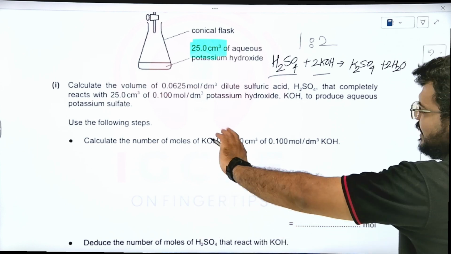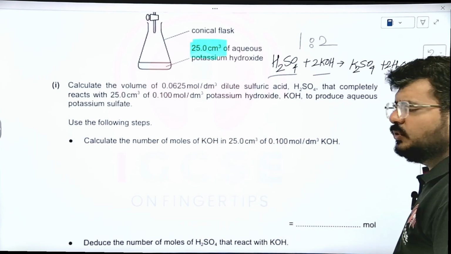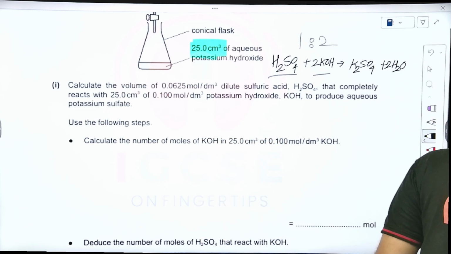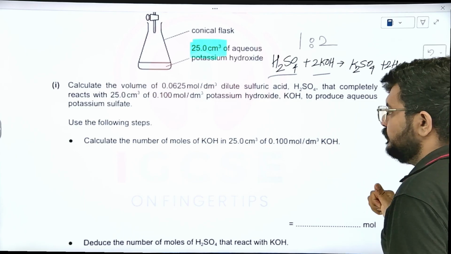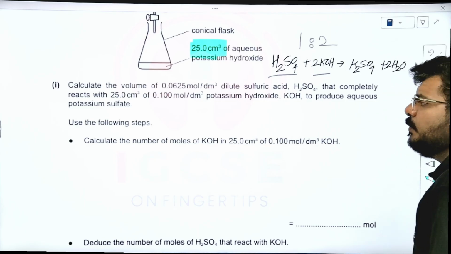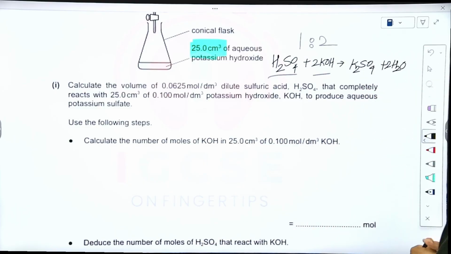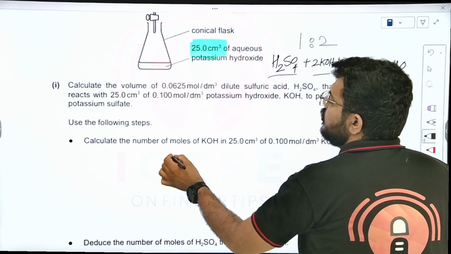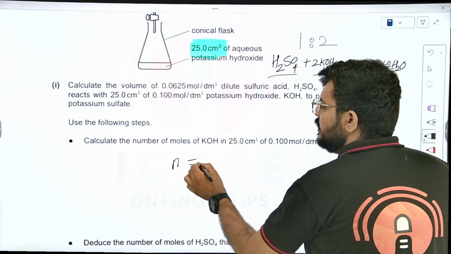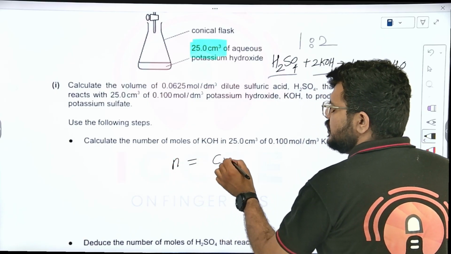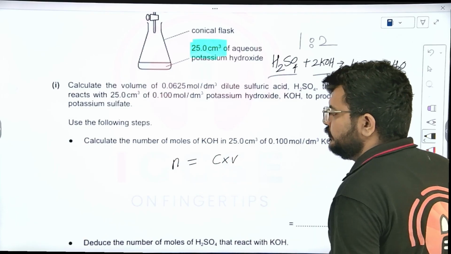Now, so let's calculate this. They are saying use the following steps, so we don't have to think about this a lot. Calculate the number of moles of KOH in 25 centimeter cube of 0.1 mole per dm cube. So I have number of moles is equal to concentration into volume, right?